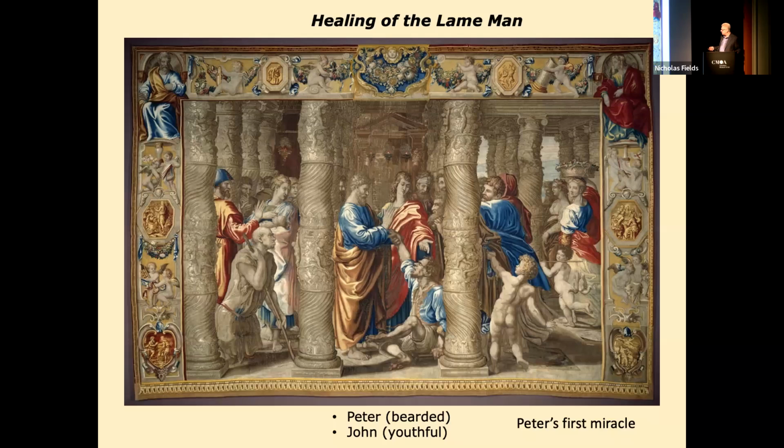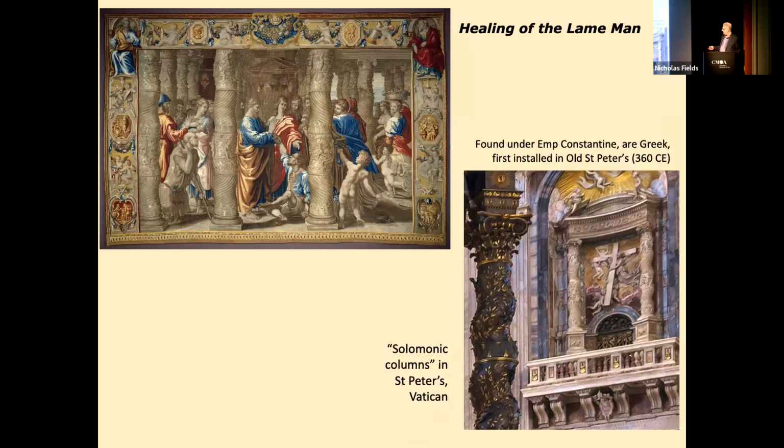And what's really prominent in these paintings are the spiral columns, or the twisted columns, that are said to be modeled after columns from the Temple of Jerusalem that were supposedly brought back by troops of Constantine in the 4th century CE, and were installed in the old St. Peter's that was demolished in the early 16th century for the present St. Peter's.